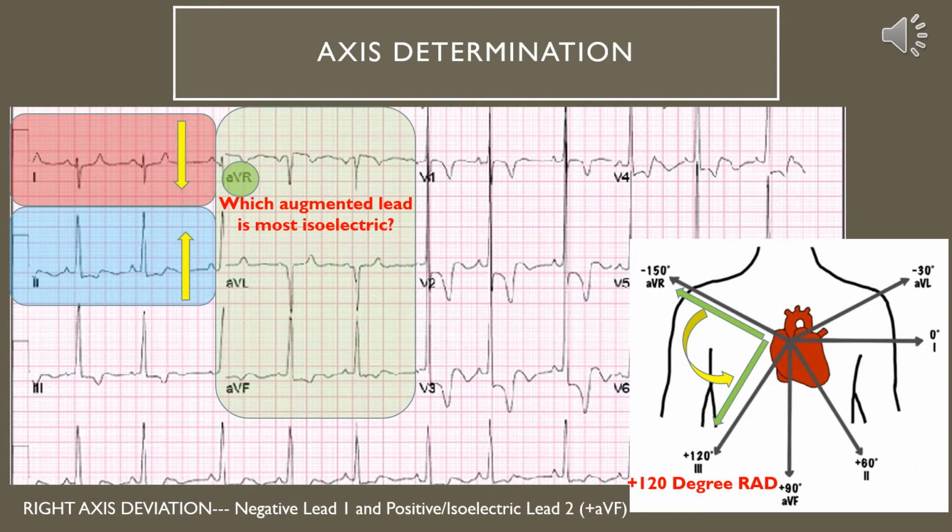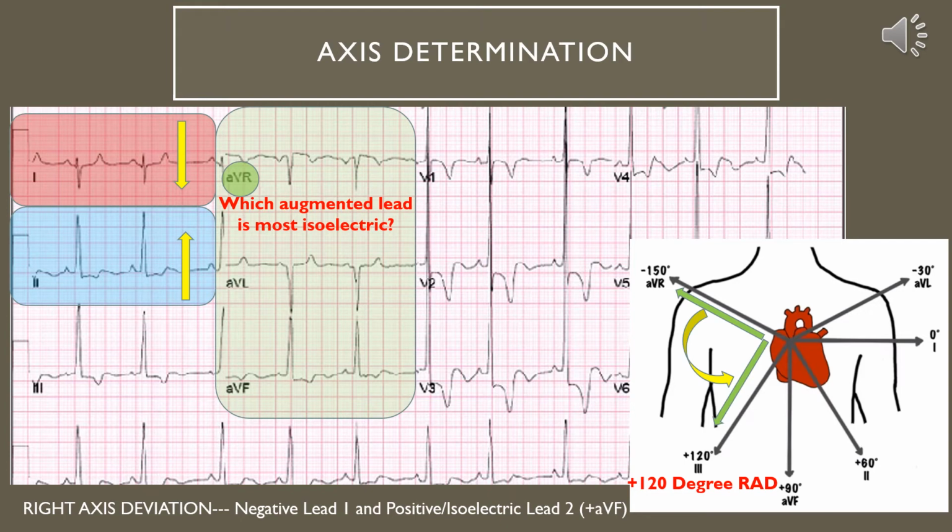So if we put in our most isoelectric line on AVR, we're going to go 90 degrees towards the left because this is a right axis deviation, and that puts us at plus 120 degrees.